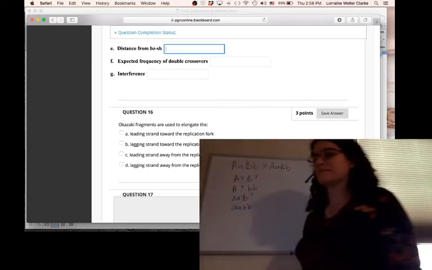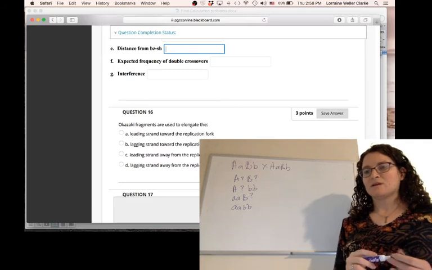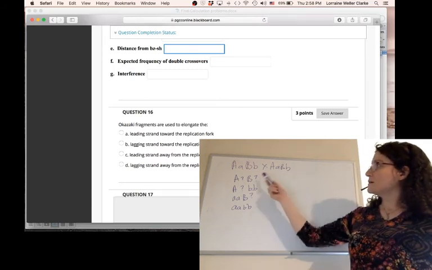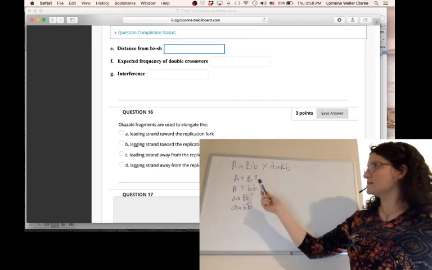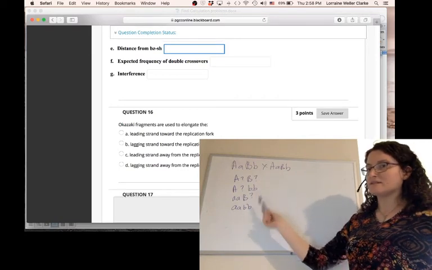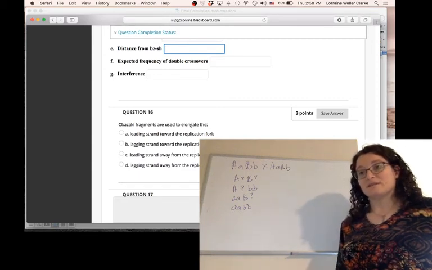Okay, these are the 4 options. Displays both dominants, displays one dominant, displays the other dominant, displays full recessiveness.